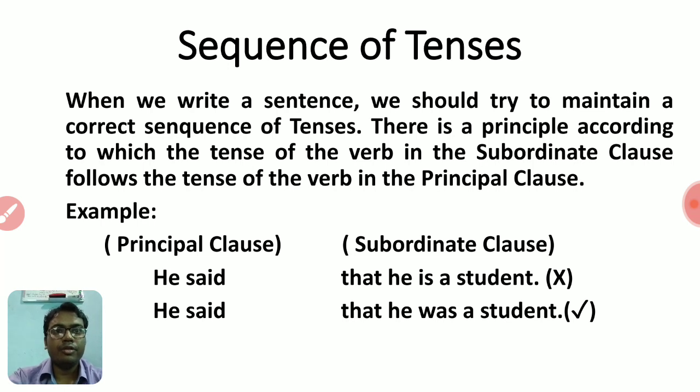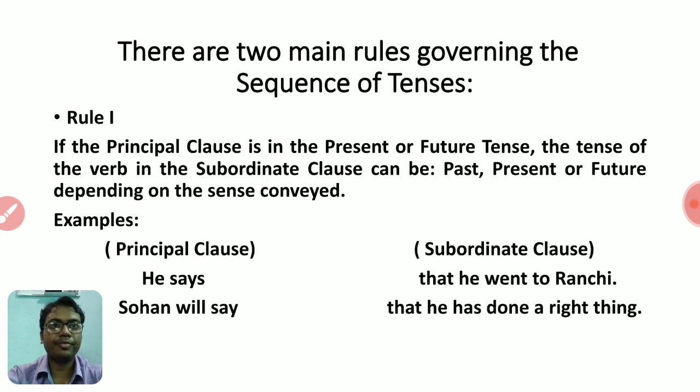So when the reporting verb of the principal clause is given in past tense, then the verb of the reported speech in the subordinate clause will be changed into past tense itself. And that is why, what is the correct one? He said that he was a student.